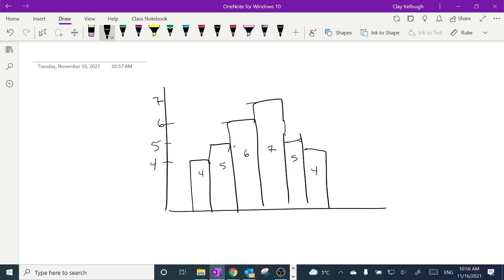So instead of it being units high, all together here, the data is 4 plus 5, which is 9, 9 plus 6 is 15, 15 plus 7 is 22, 22 plus 5 is 27, 27 plus 4 is 31. So there's 31 data points in this data set.